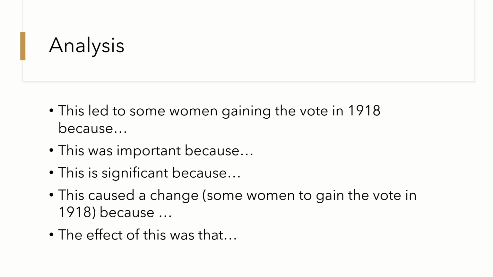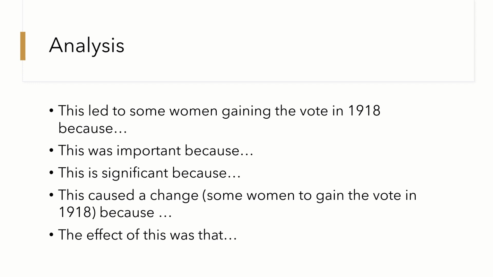Once you've written down your knowledge point, you need to analyse it, stating why this point was important in understanding why some women gained the vote in 1918. So these are sentence starters for your analysis. This led to some women gaining the vote in 1918 because by going on hunger strike and being force-fed by the government, it gained a lot of women and suffragettes sympathy, as it was seen as a form of torture.